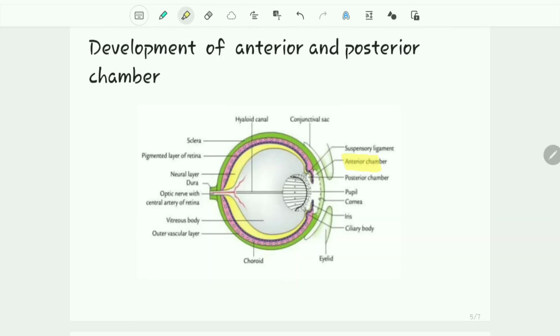The anterior chamber is formed by splitting of mesoderm between the cornea and iris. The posterior chamber is formed by splitting of mesoderm between the iris and lens. They are filled with aqueous humor secreted by the ciliary body and drains into the sinus venosus sclerae.